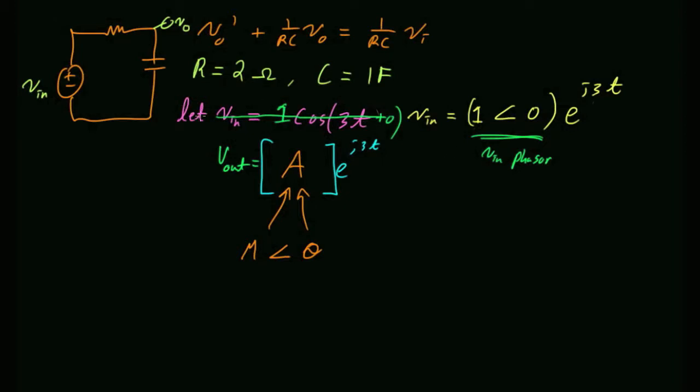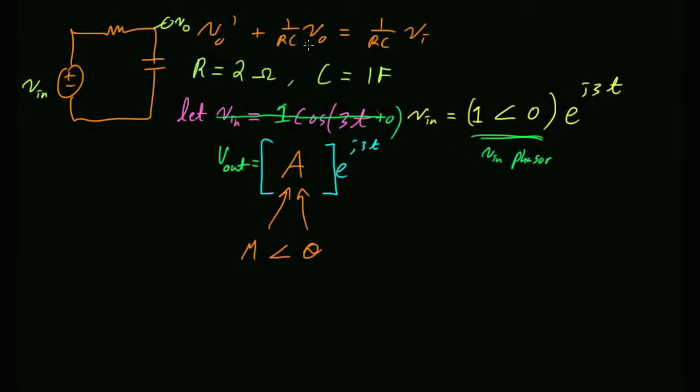Okay, back to your differential equation. We know that V in equals this expression, V out equals this expression, where A is an unknown that we have to solve for. And what do I still need to substitute into my differential equation? I still need V out prime.